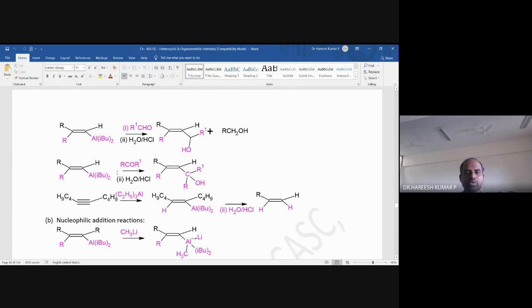Okay, suppose alkynyl dialkyl alane is treated with a ketone, C=O, R dash means ketone, what will happen? There will be a new bond formation between this carbon and this carbonyl carbon. Alcohol is obtained. Is it more particularly an enol?